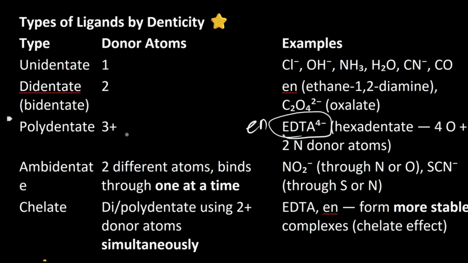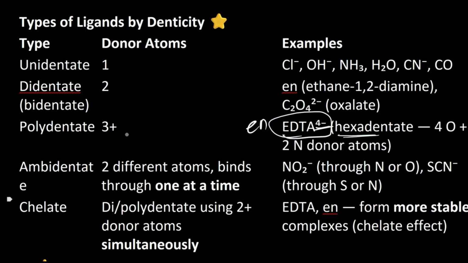Usually they will ask these types of questions to confuse you. Okay, and EDTA: what is the full form of EDTA and which ions are donating over here? Right, it is hexadentate, not tetradentate. It is hexadentate. It has a 4 minus charge, but still it is hexadentate. Okay, remember that. And ambidentate means 2 donor sites are there, but 1 at a time.